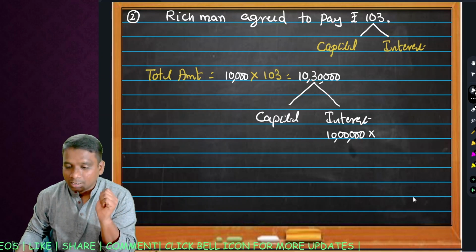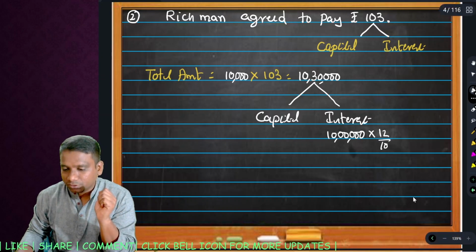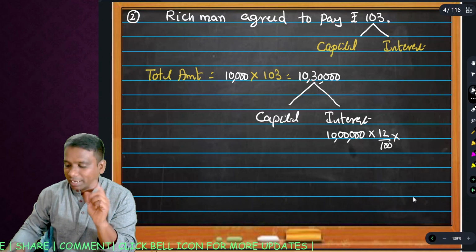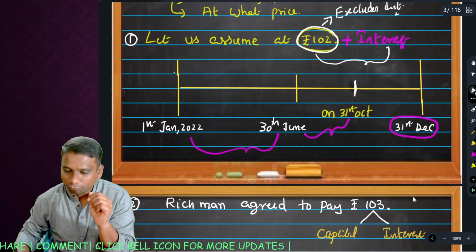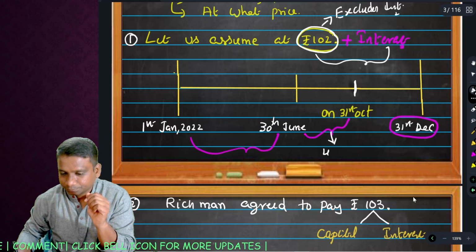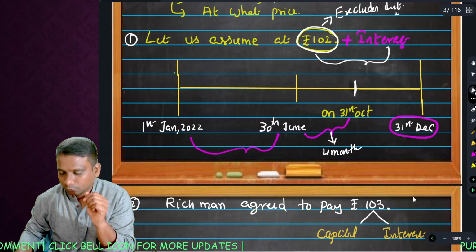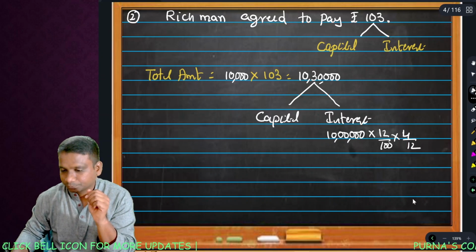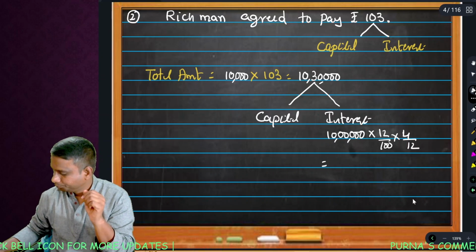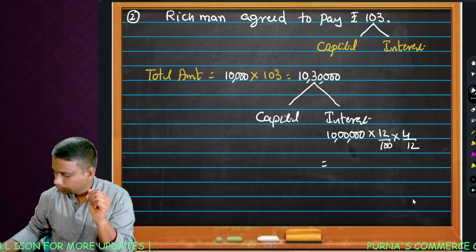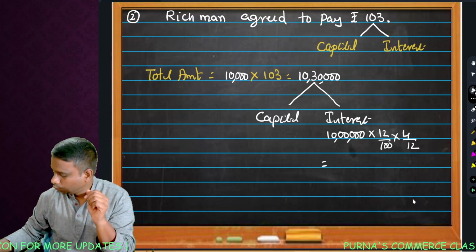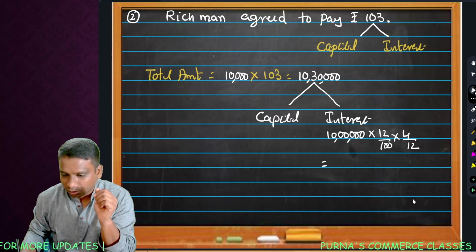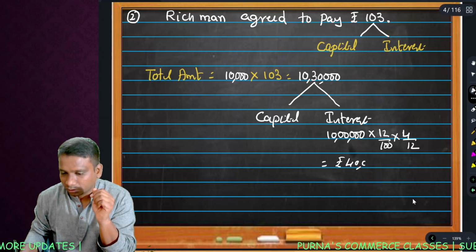Do remember, 10 lakhs into 12% rate of interest into 4 months, so 4 by 12. It comes to rupees 40,000.